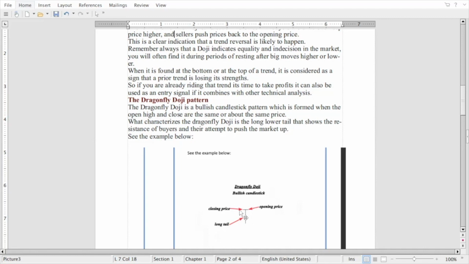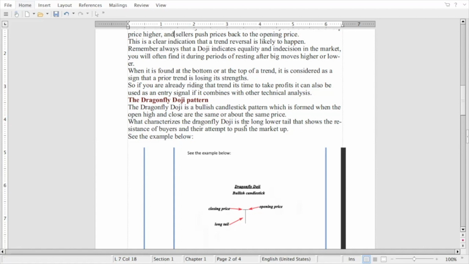You see where the bullish candle forms, it forms on the upper side. The dragonfly doji is a bullish candle. As we said in other classes, bullish is buying and bearish is selling.